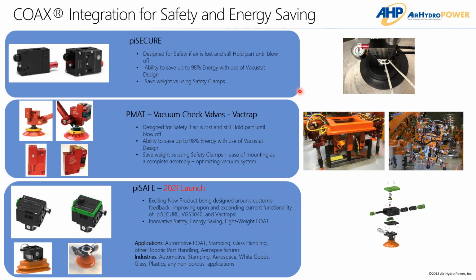As those become critical factors for plants, traditionally you'd put a mechanical pump on there, just slap on whatever pumps we need, and let's just get it going. Now there's a little bit more accountability in the design and considerations for these vacuum systems. And so Piab has put together a whole plethora of solutions to figure out whatever degree of safety and energy savings you need. They've got something for you.